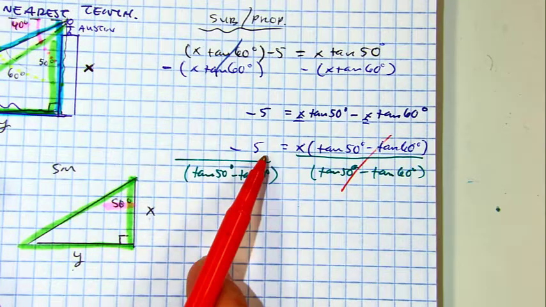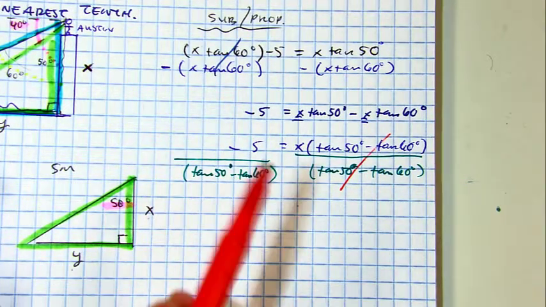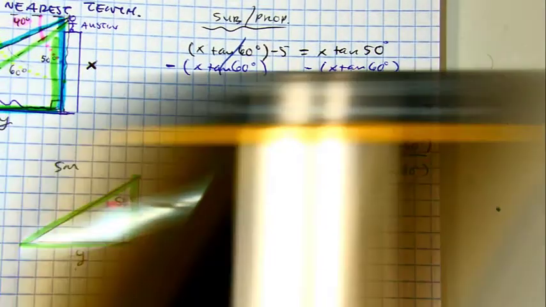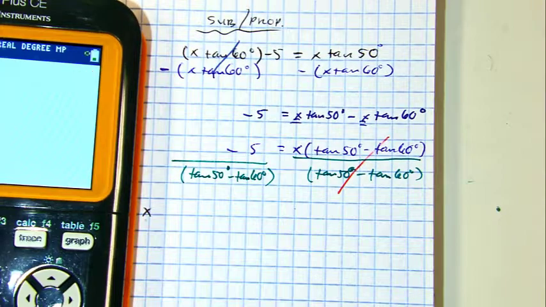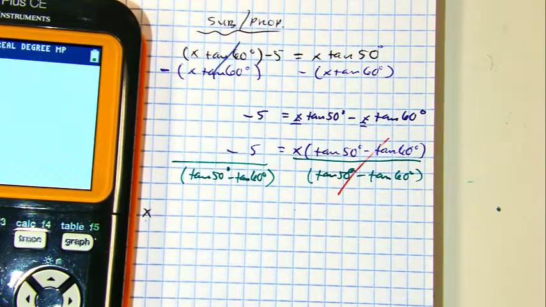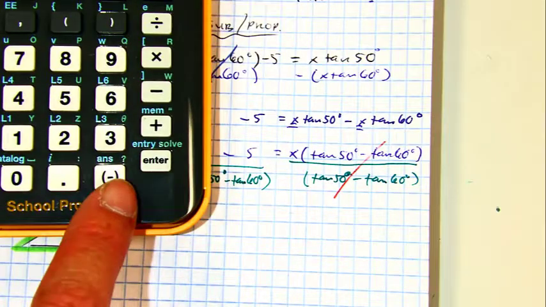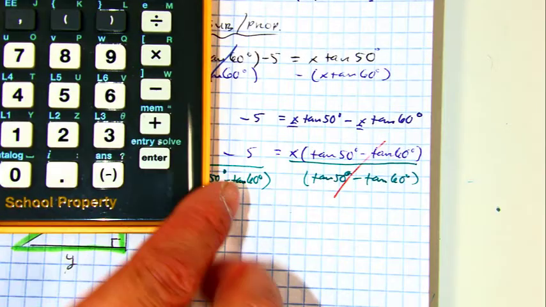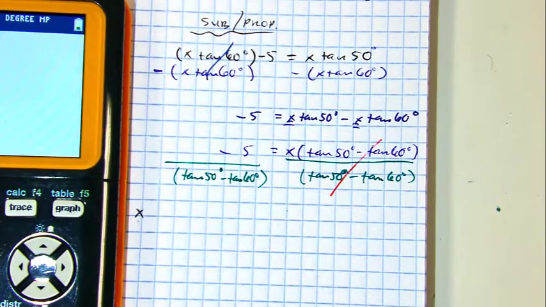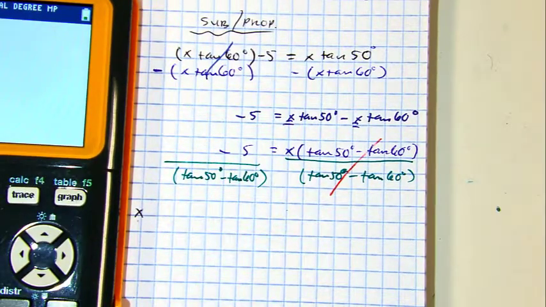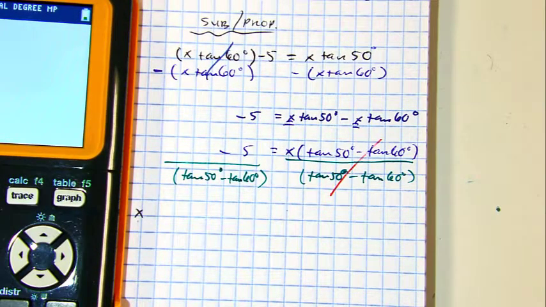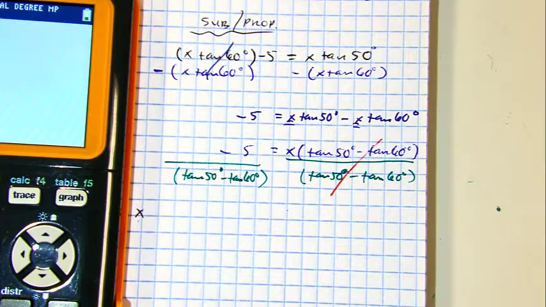X equals negative 5 divided by tangent of 50 minus tangent of 60. Let's punch it in. Remember, for the TIs, your negative sign is different than your subtraction sign. Use an extra set of parentheses. Tangent of 50 minus tangent of 60.